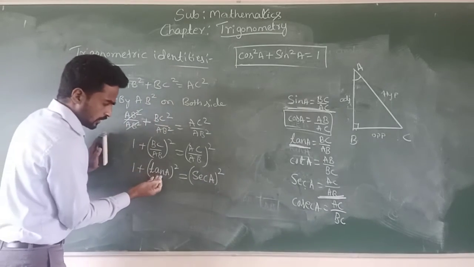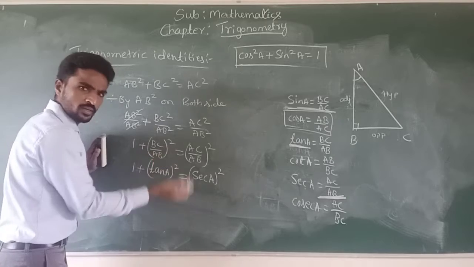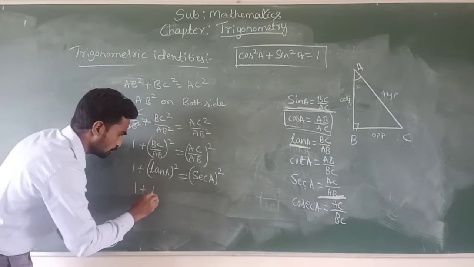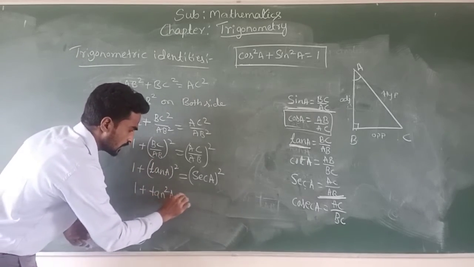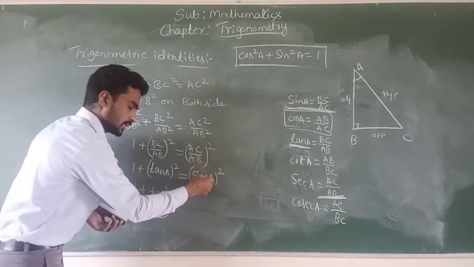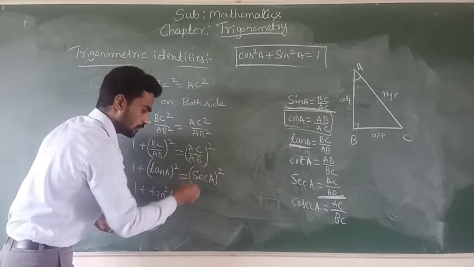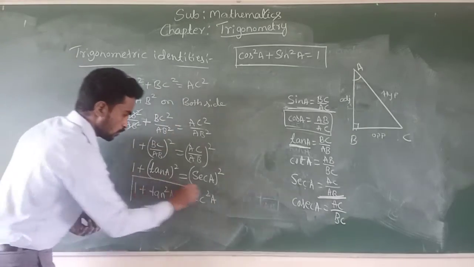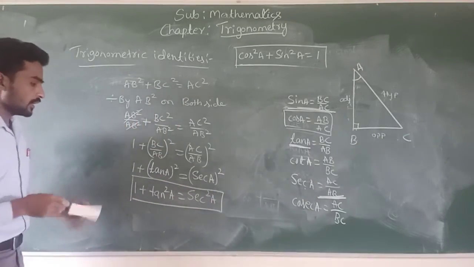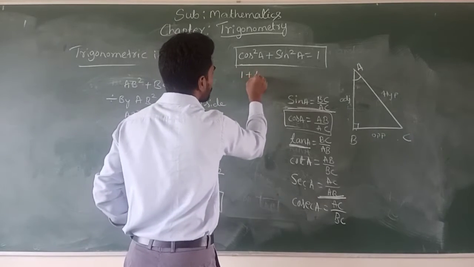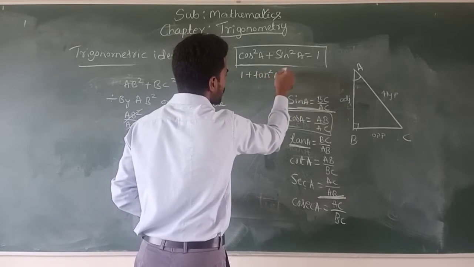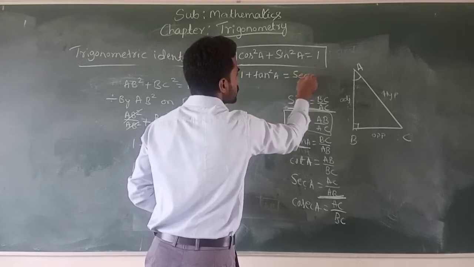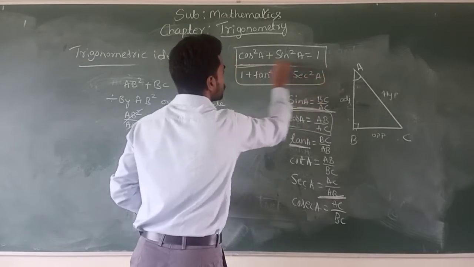We already know that tan A whole square is equal to tan square A. Then 1 plus tan square A is equal to secant A whole square, which can be written as sec square A. This is also one of the trigonometric identities, that is 1 plus tan square A is equal to secant square A.